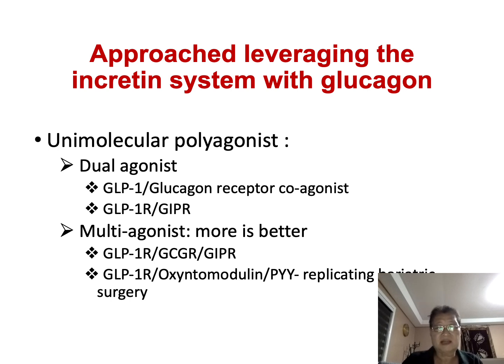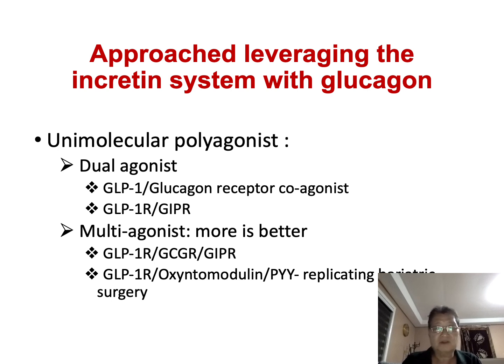Okay, targeting the incretin glucagon system with a dual or triagonist to treat diabetes. The idea here is to combine glucagon agonists for the desired action on the increase in energy expenditure and weight loss, and utilize gut hormones such as GLP-1 action to neutralize the hyperglycemic effect of glucagon. So it's the combination and the balance of the two effects.